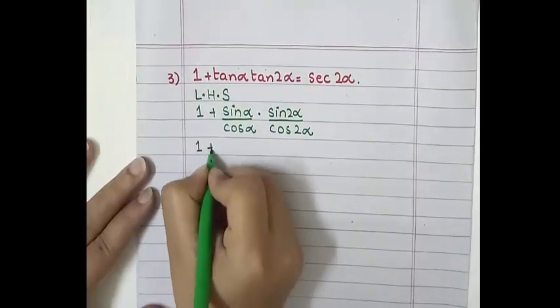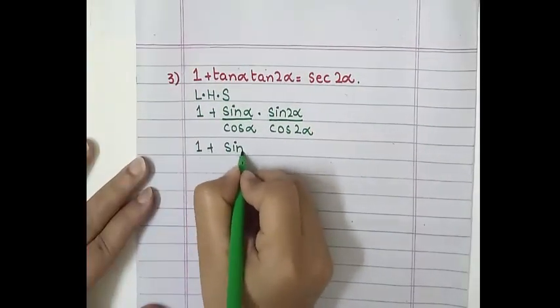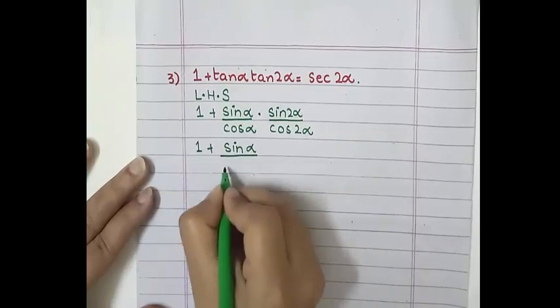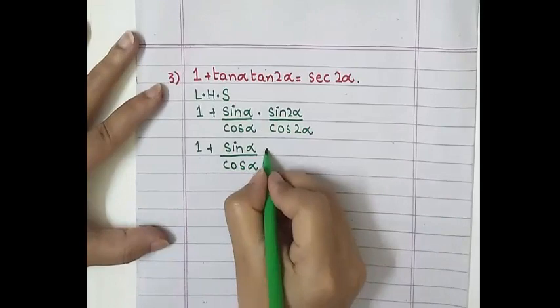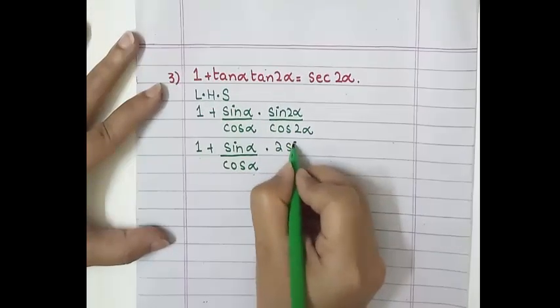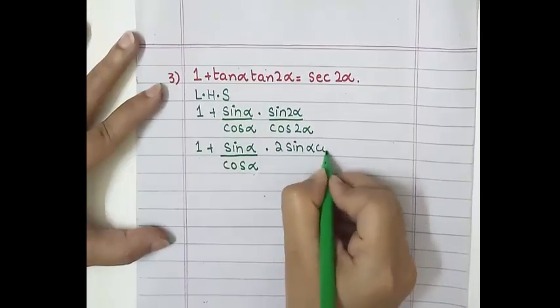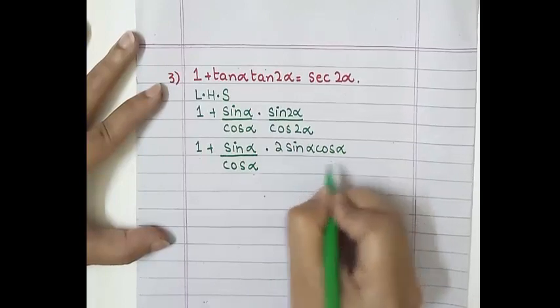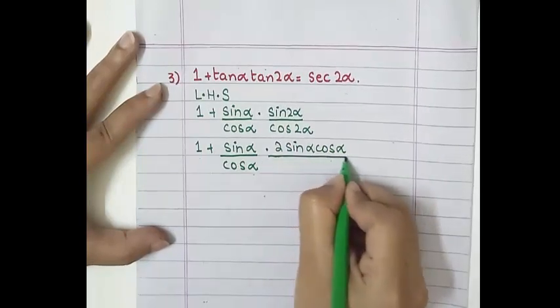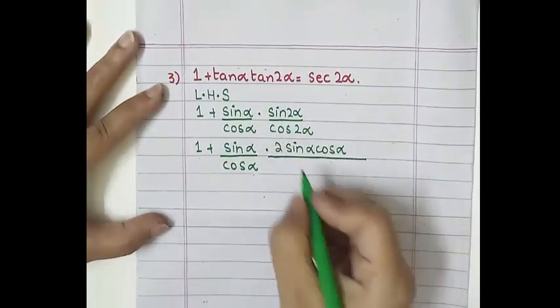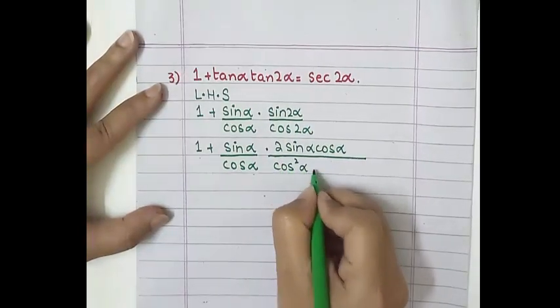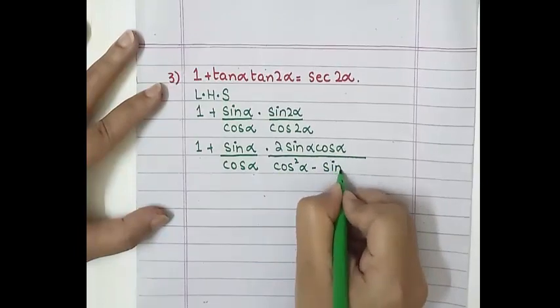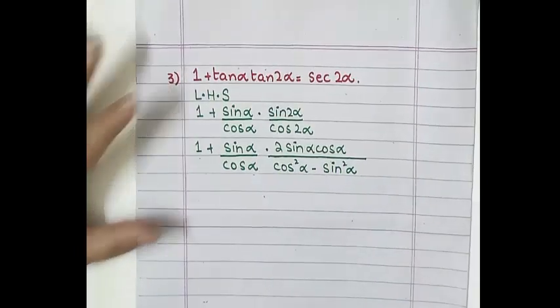Now this is 1 plus sin alpha over cos alpha, and sin 2 alpha is equal to 2 sin alpha cos alpha, the double angle formula for sin, and cos 2 alpha, one of the formulas is cos square alpha minus sin square alpha.